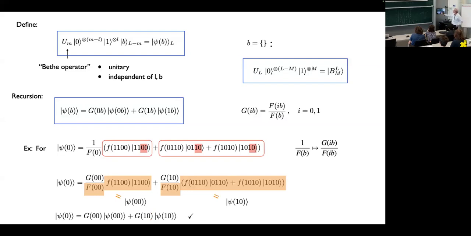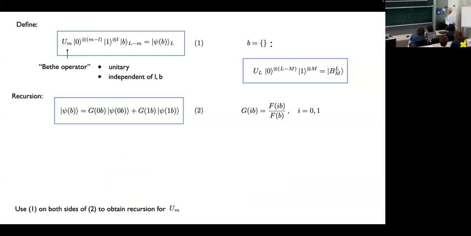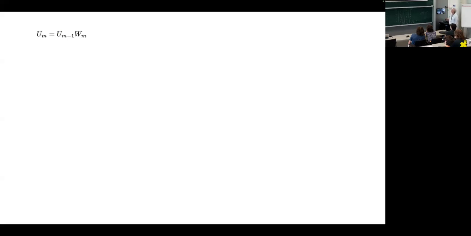So my recursion in the length: here the length of B was 1, here the length of B is 2. And so now I'm going to plug this into both sides here to get a recursion for this U_M. There it is. And so then I can telescope and I get U_L in terms of these W's.